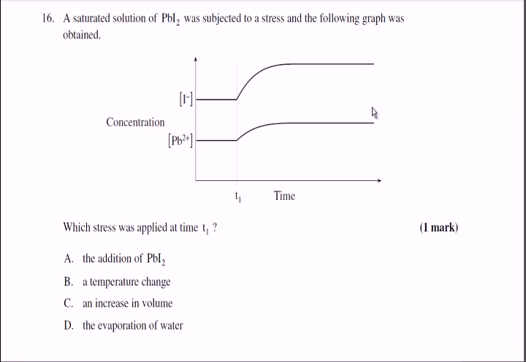So what happened? Let's write a formula right here. PbI2, now this is solid, makes Pb2+ and I minus, and there we have two of those.